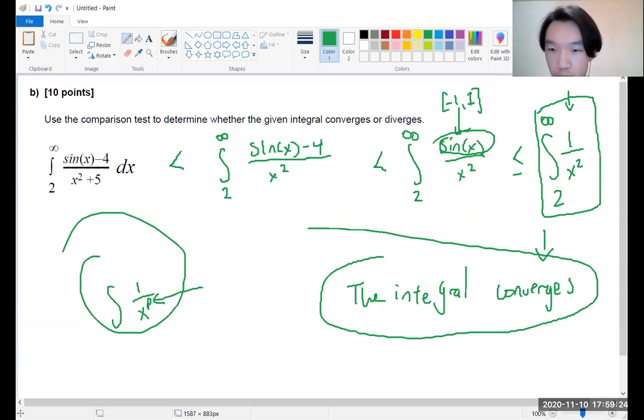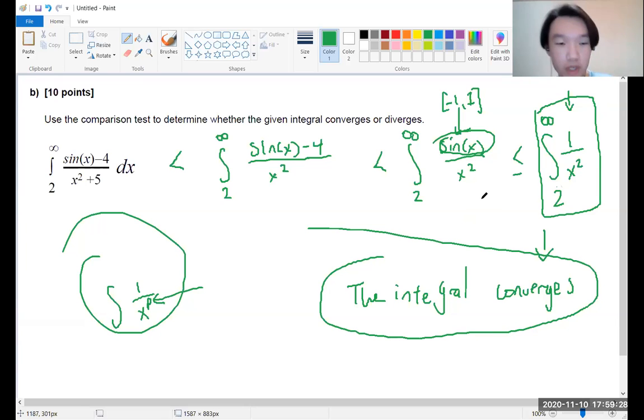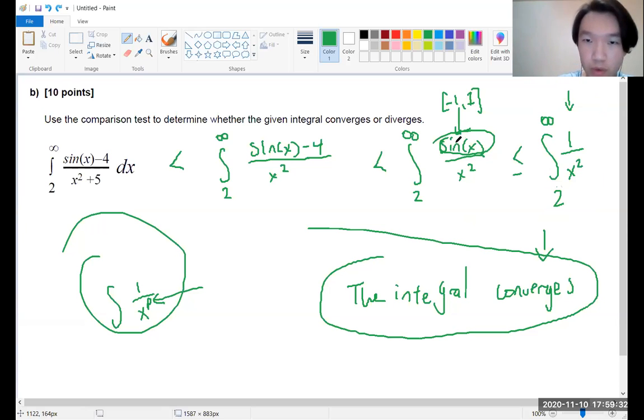All right, could you repeat the reason how you arrived to 1 over x squared? Yeah, I'll repeat that. We were trying to compare sine of x and 1.